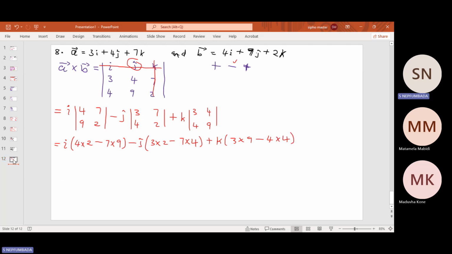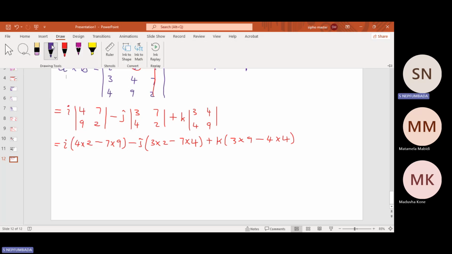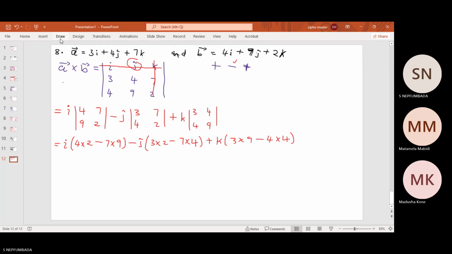Then when you press those things on your calculator, what do you get? Four times 2 minus 7 times 9. Negative 55. We get negative 55 times i. Is that so?